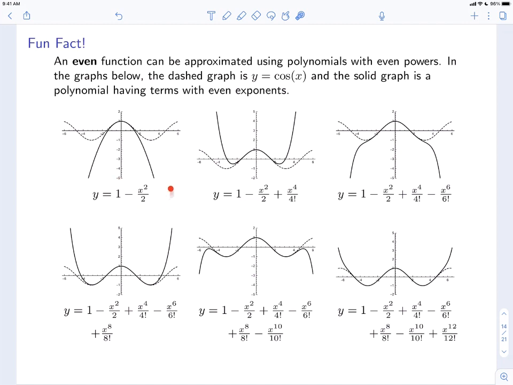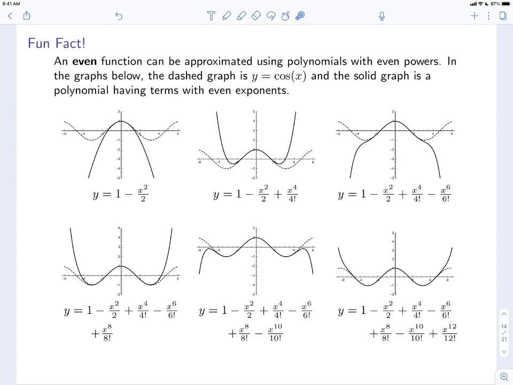So for example, you can see here we have y equals 1 minus x squared over 2. That's this parabola which is opening downward. And you can see it sort of matches right around where x is equal to 0. Now if I want a better approximation, I just need more terms in my polynomial. 1 minus x squared over 2, that's the same that we started with before, but I just added in this x to the 4 over 4 factorial.